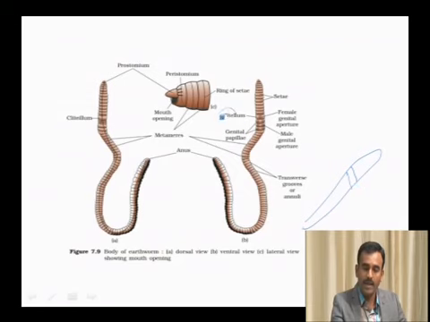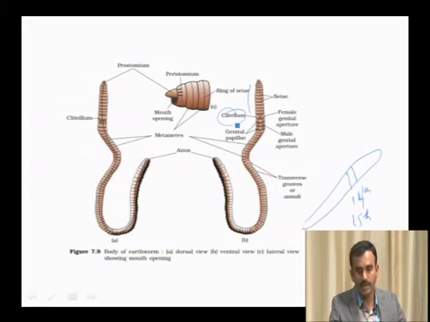Clitellum is the band-like structure present at the 14th, 15th and 16th segment. The portion which is present prior to the clitellum is called the preclitellar part, and the clitellar part is where the clitellum is present, and the posterior part which is next to the clitellum is called the postclitellar part.